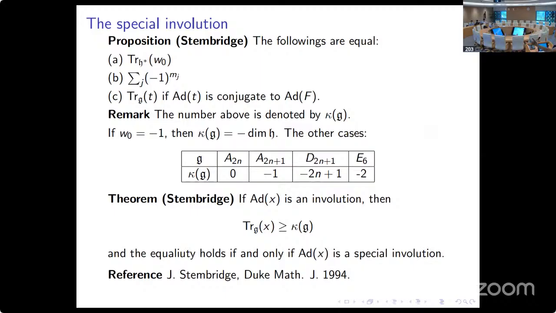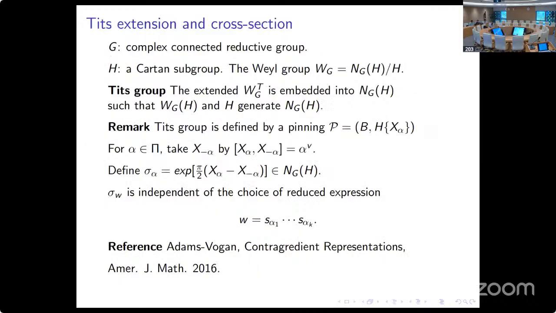So in general, if you have an arbitrary element in a group, it's always larger than this value. Somehow it's also taking the minimum possible value. That's the way to describe this particular element. But again, this is a complex group. We have to go to the real case.